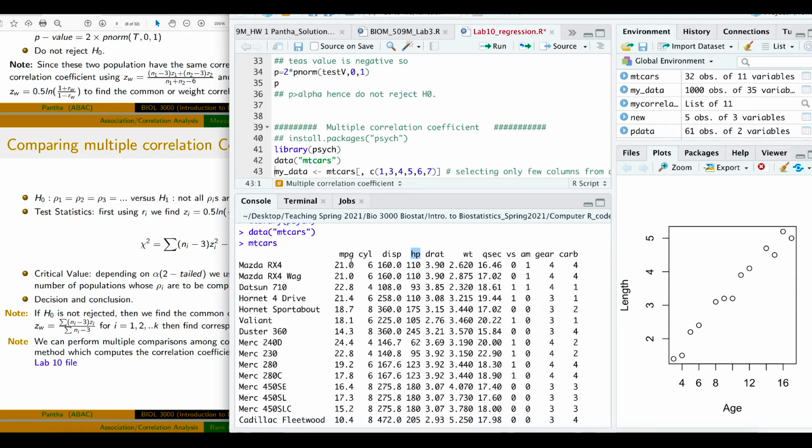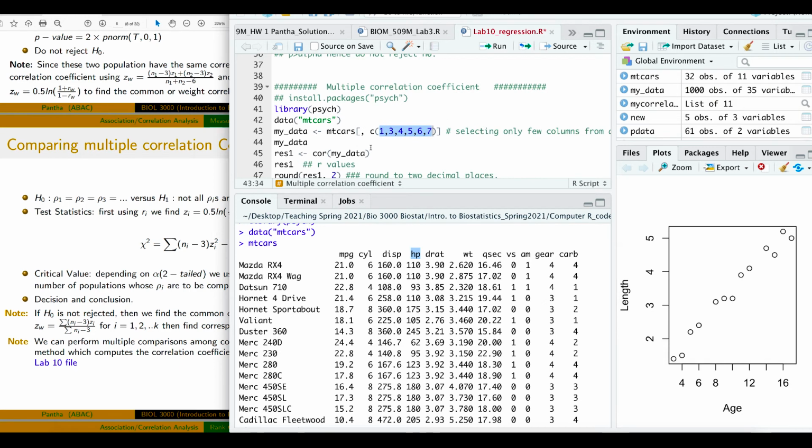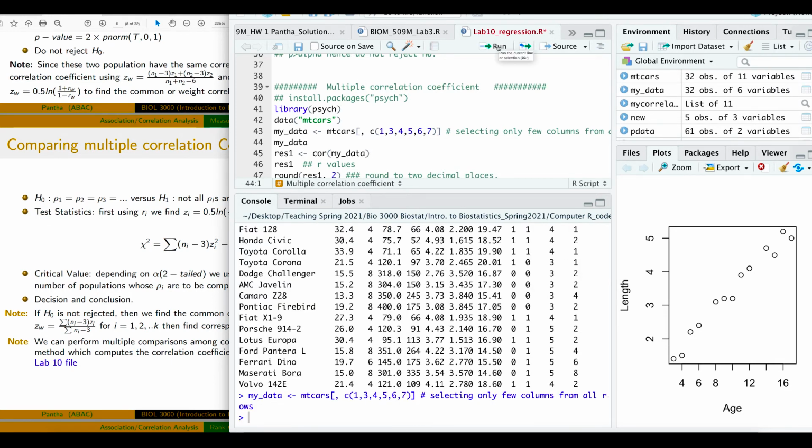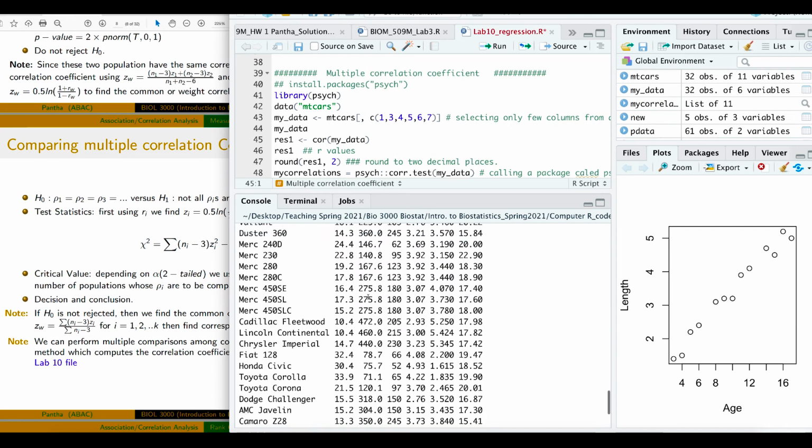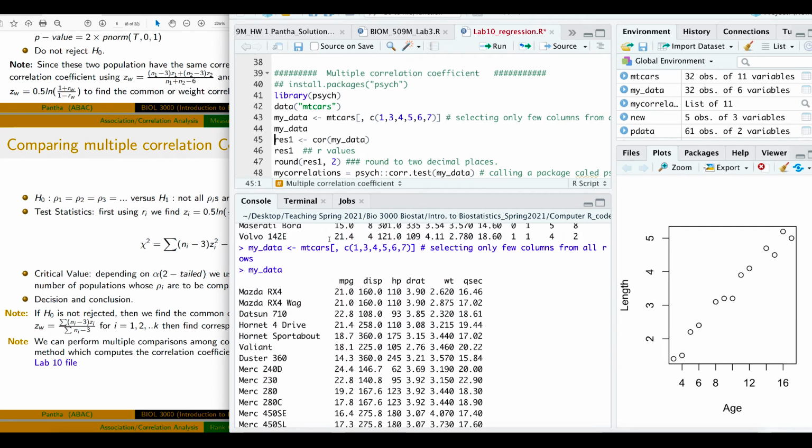Miles per gallon is quantitative. Cylinder you can think of as qualitative, because it just counts the number of cylinders. Displacement is numerical. So I am selecting only the few columns that are numerical, collecting all the rows of these columns, and naming it my data.